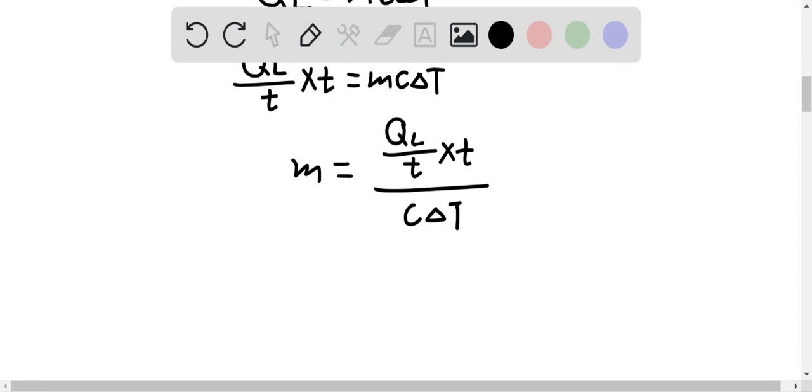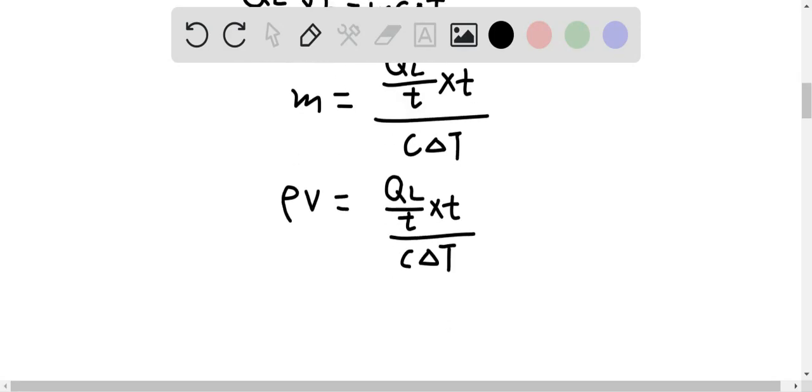Remember our goal here is to determine the volume. We know the density times the volume is the mass, so rho V can be substituted for M. We have rho V is equal to QL over T times T over C delta T. Then let's move rho to the right side.